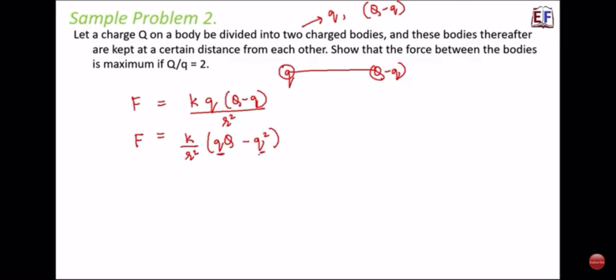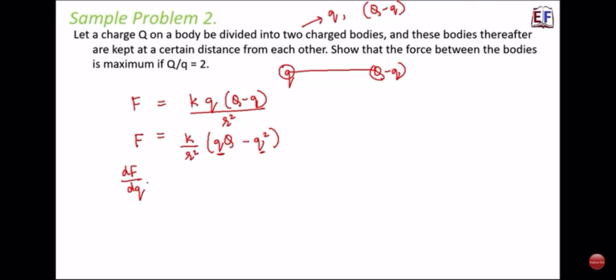So therefore, what we will do, we will differentiate it with respect to q. So this is something which you have already learnt in your differentiation and integration in mathematics, right? So whenever you have to find out the maximum value of a particular thing, for example, here we have to find out the maximum value of force with respect to what? With respect to this q, the value of charge, because that is what we are trying to find out, right?